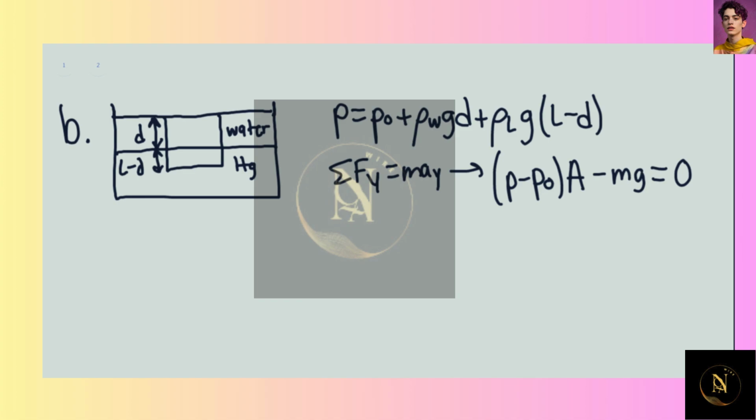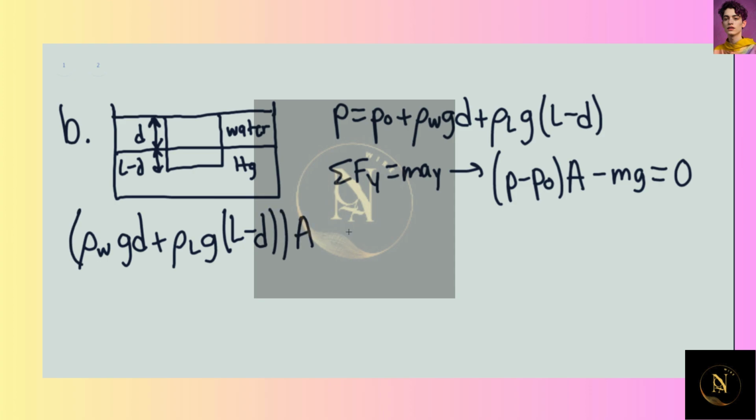And so we can solve: the density of water times g times D plus the density of the liquid times g times L minus D, all multiplied by A, equals the density of the block times L times A times g.